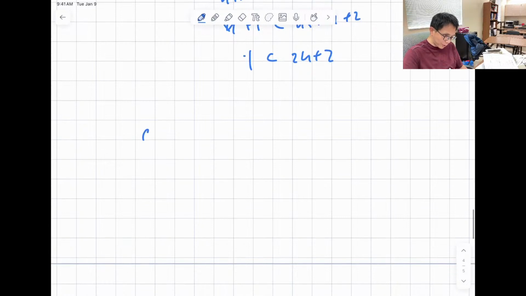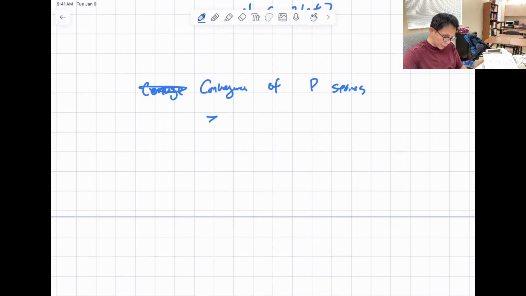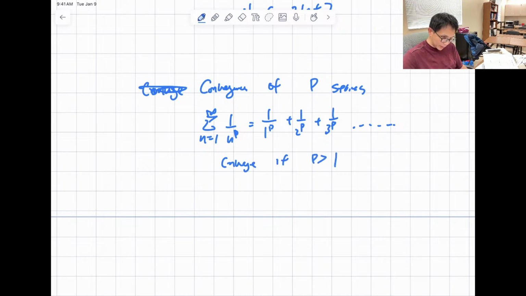I'm going to talk about the p-series again. I'm just going to write this down. This is super easy. We already talked about this the other day. The sum from n equals 1 to infinity of 1 over n to the p is 1 over 1 to the p plus 1 over 2 to the p plus 1 over 3 to the p, and so on. It converges if p is greater than 1.